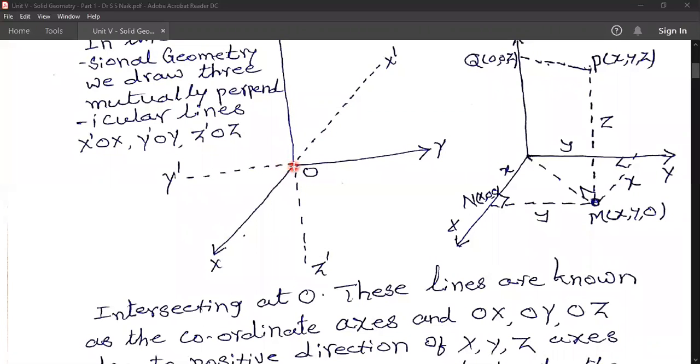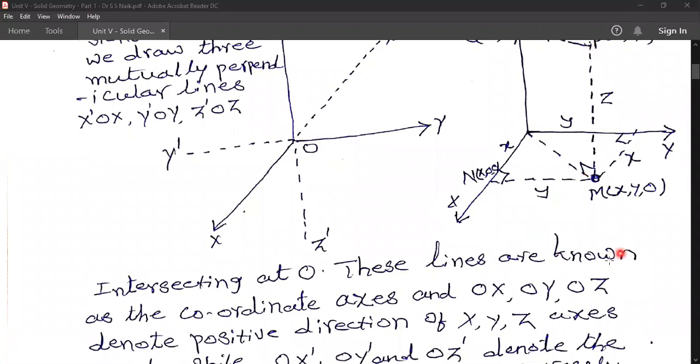These three lines intersect at a point O, which is the origin, having coordinates 0, 0, 0. Then this is a figure where you have a point in space, that is a point P, (x, y, z).